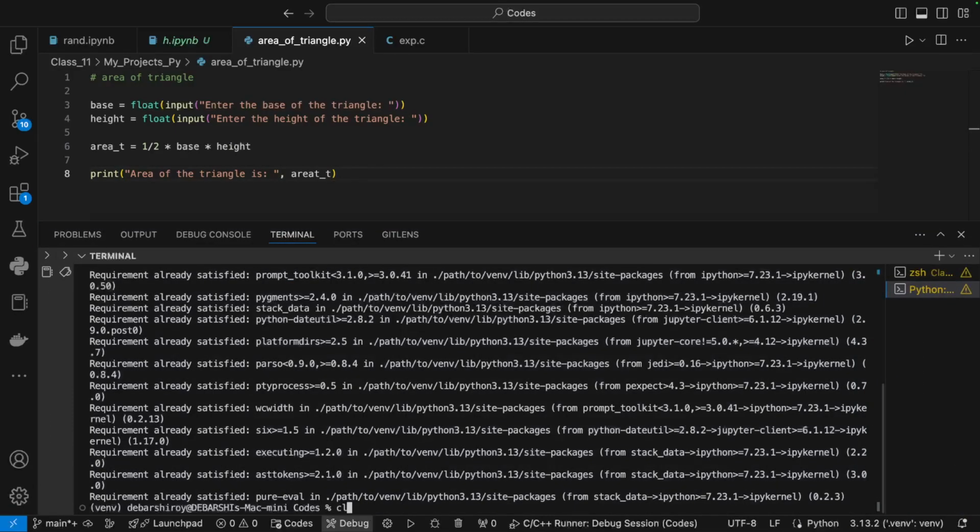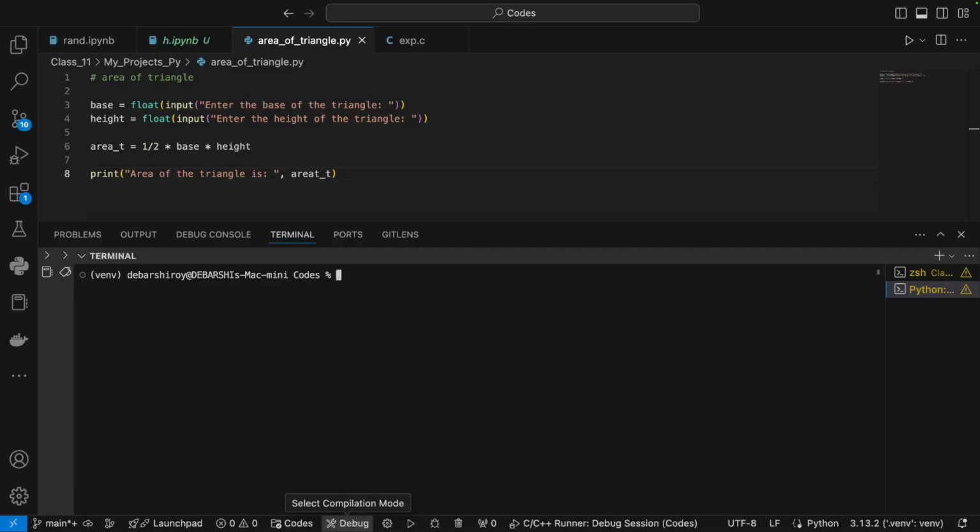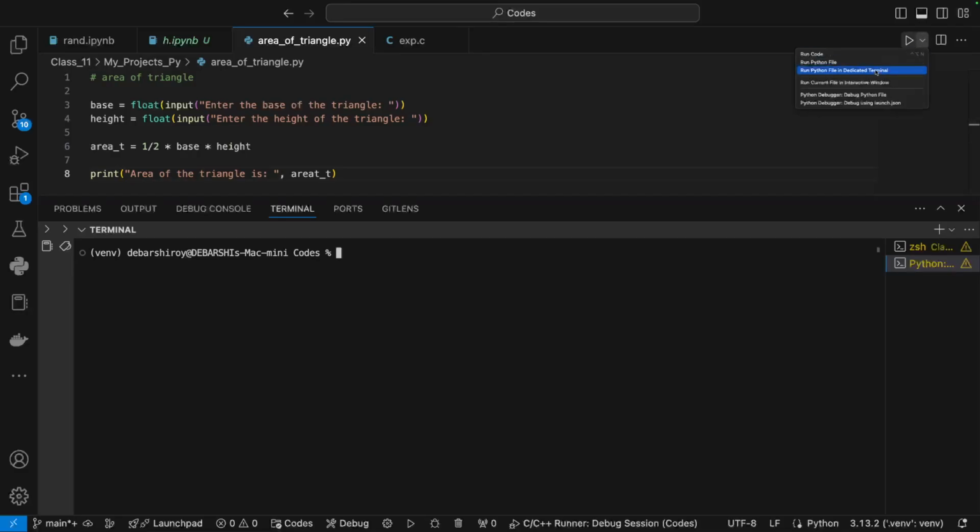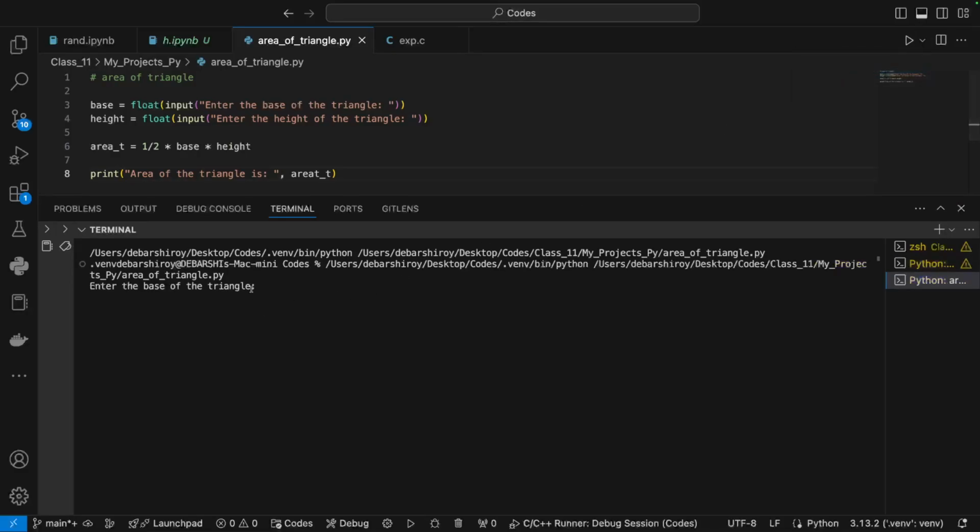Sorry, clear the terminal, run the Python file in the dedicated terminal. So enter the base of the triangle, I am considering 4.5, enter the height of the triangle, 6.7.